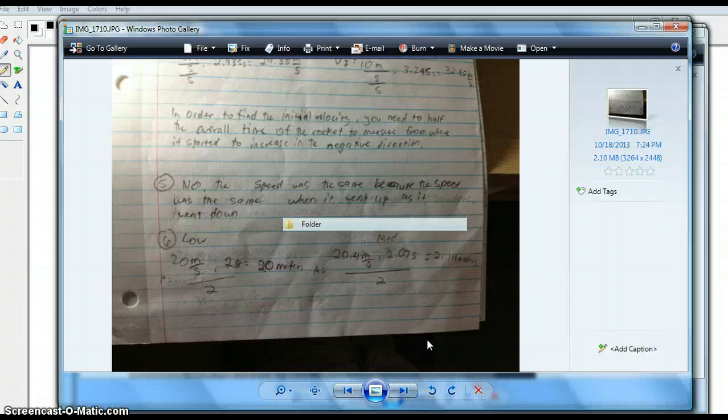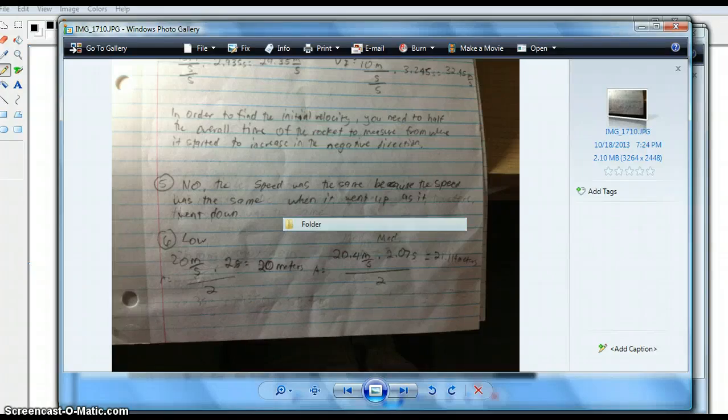Number 6. What was the maximum height of the rocket? In order to do that, we have to plug in the numbers from number 4.